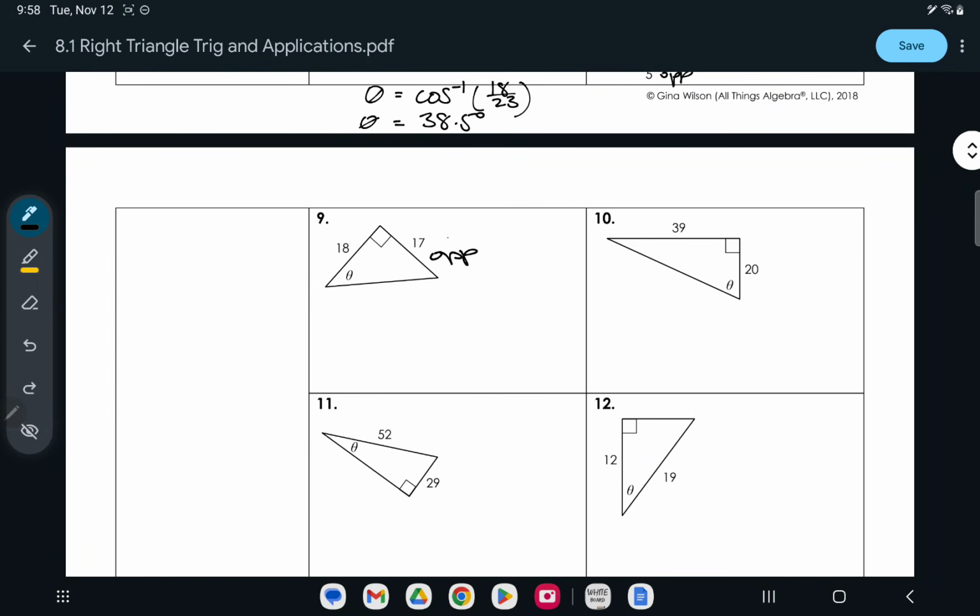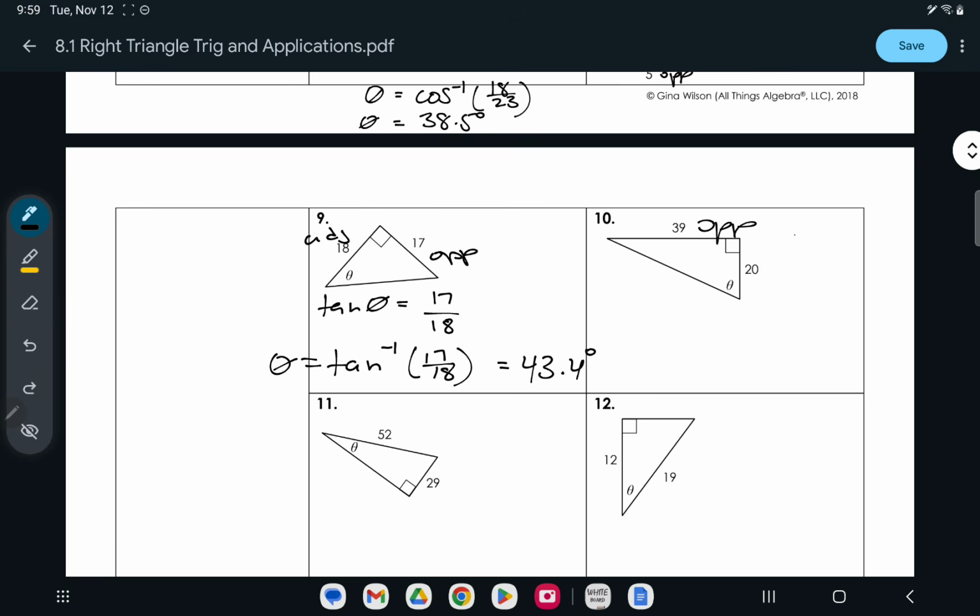All right, we have opposite and adjacent, so that's tangent, opposite over adjacent, and then theta equals inverse tangent of 17 over 18, which gives 43.4 degrees.